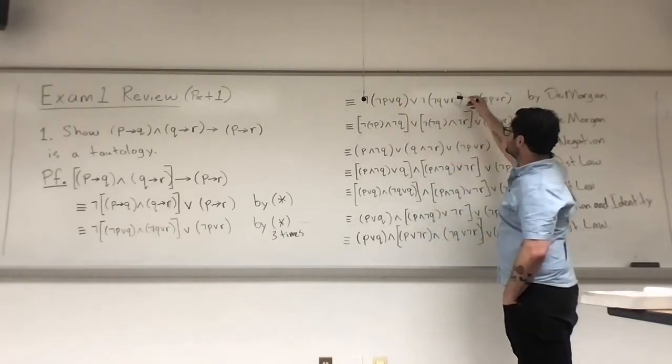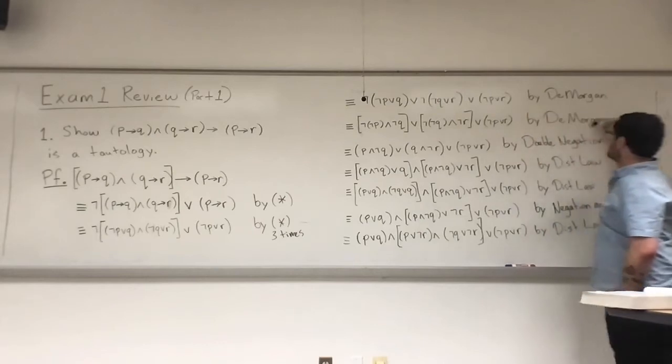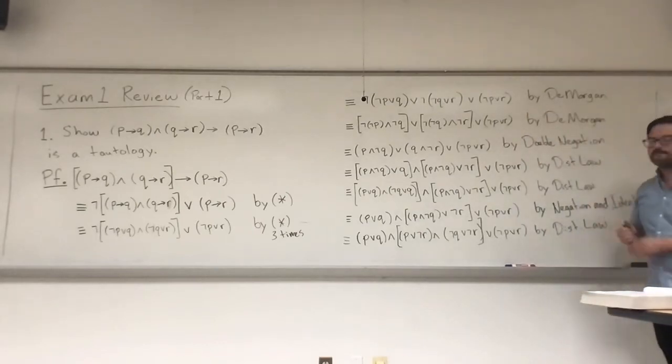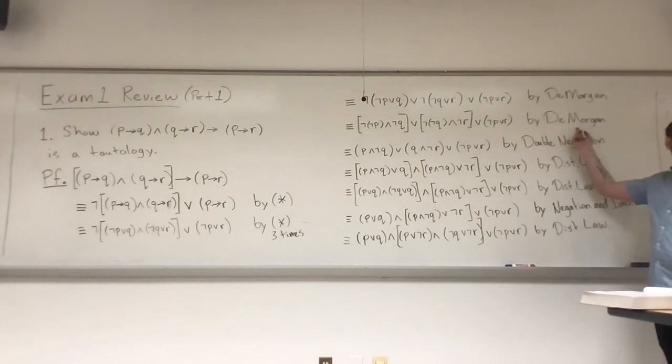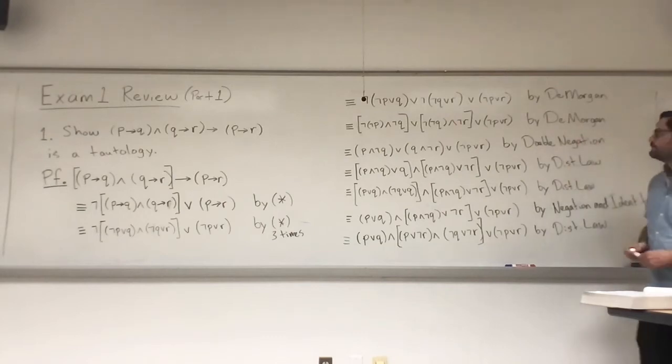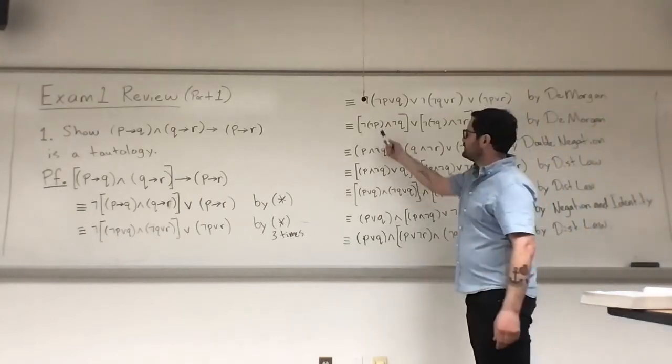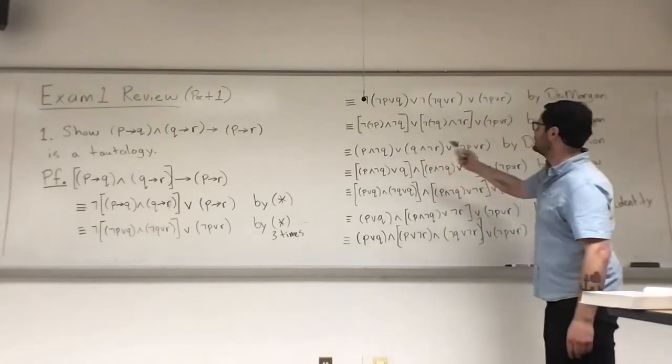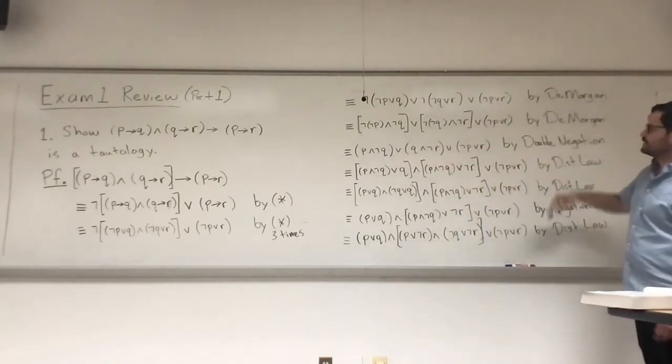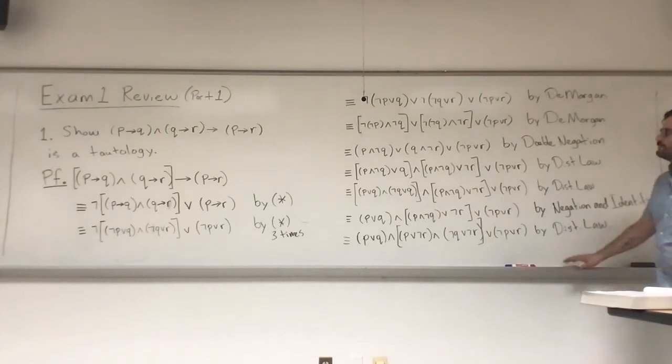Not that and not that, good. Didn't do anything there by De Morgan, fine, right? So you see why it's important to write this, right? Not only for me when I'm grading it, but for you to check yourself and know whether or not you're on the right track. So then double negation, bam, double negation there, and then we're good. Okay.